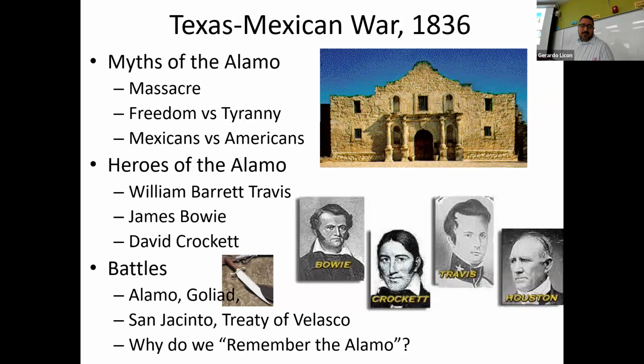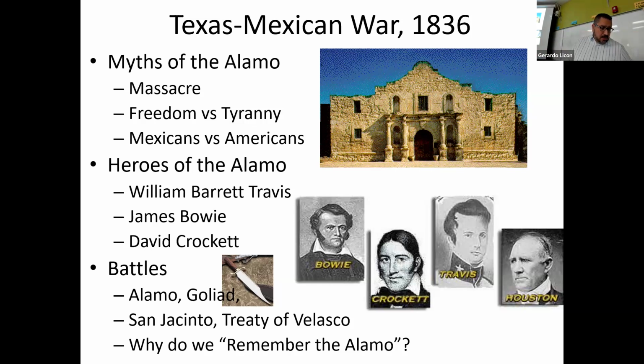It helped to justify the taking of their land. You just have to remember what they did to U.S. citizens, mostly U.S. citizens, at the Alamo.